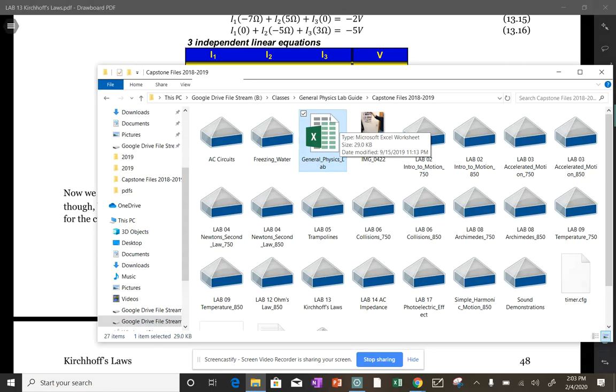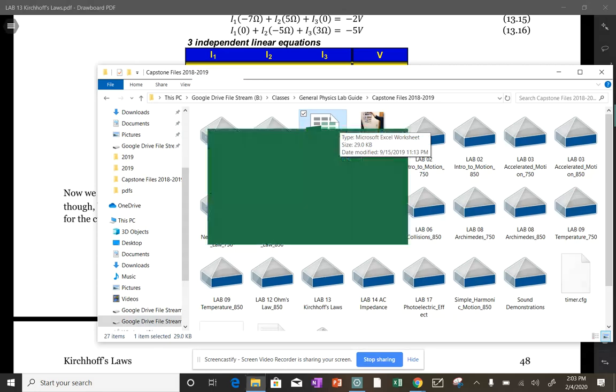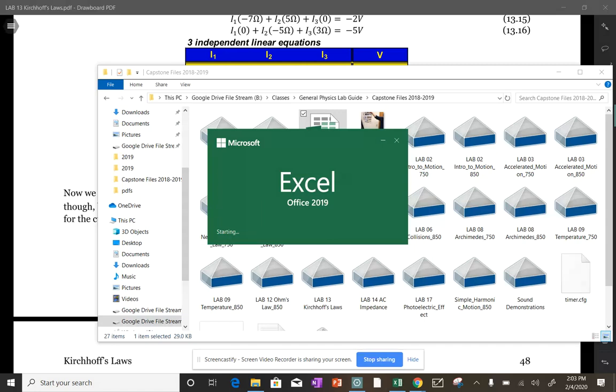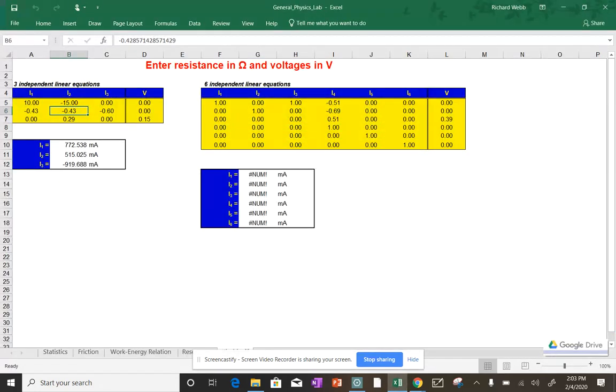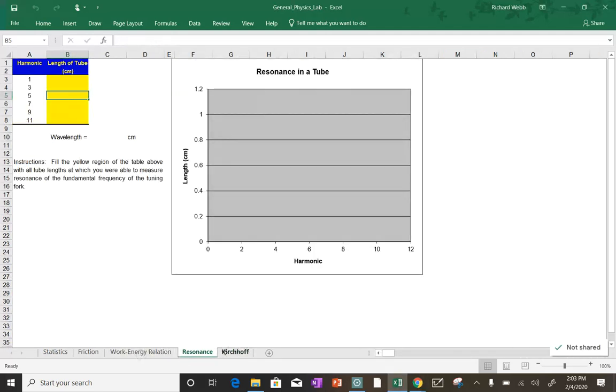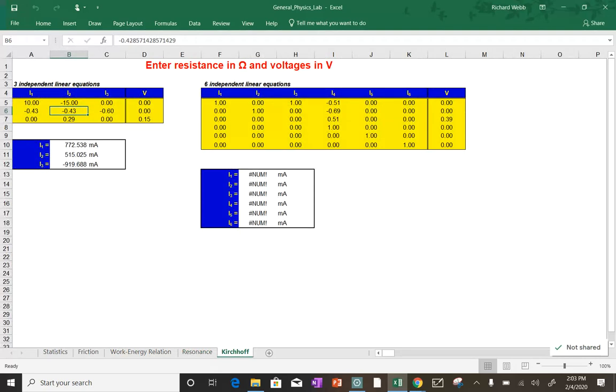And you've used this spreadsheet before, most notably in the first lab of first semester, I think, or maybe it was the second lab. And so the Kirchhoff tab, see down here at the bottom we have the different tabs, resonance, energy, and so on. The Kirchhoff tab has a 3x4 matrix for 3 variables and a 6x7 matrix for 7 variables.